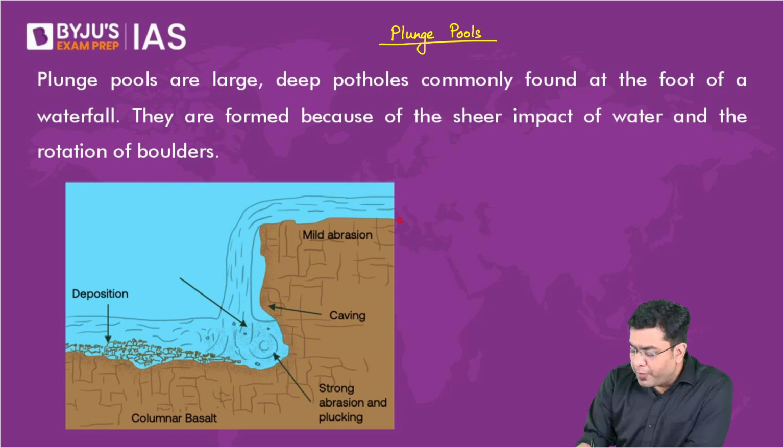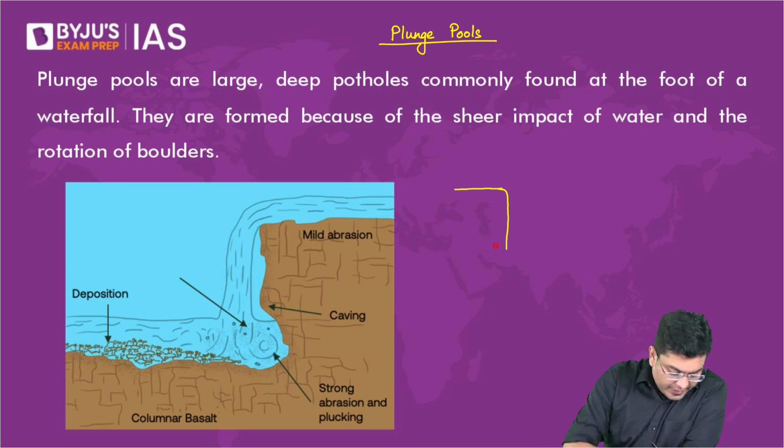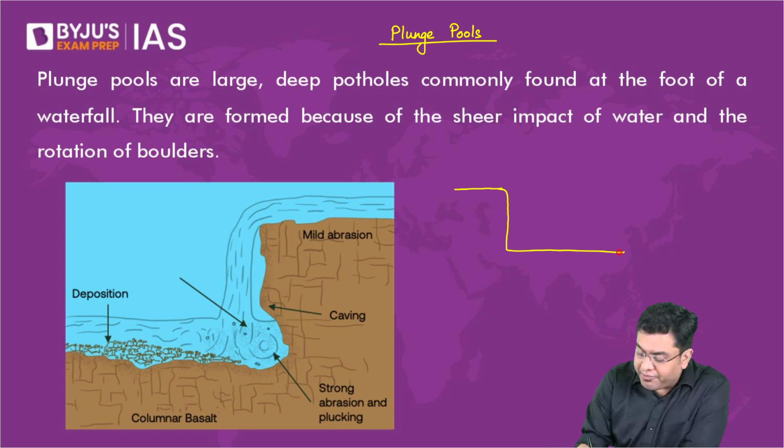So generally, you will observe the plunge pools to be created at the base of the waterfall. Let's suppose this is a waterfall or a region of a waterfall. Now, how is it that the river will behave in this area? So if in this region you have a significant flow of the river, let's assume.